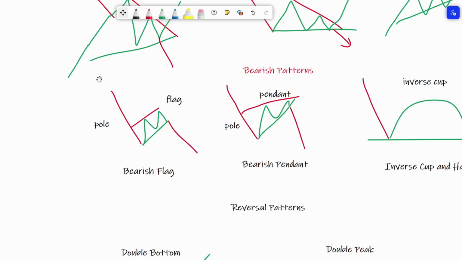So the bearish flag can be quite detrimental to a lot of new traders who aren't entirely sure of what's going on, especially with these patterns, because they're going to see this decrease in the price, and now the price is going back up again, and they think that this may be the dip, always buy the dip, right? So they'll buy into this bearish flag, but then what happens is that the price dumps on them. So be careful with the bearish flag. If you see that the price is going up, but it's not a strong movement up or it's not a reversal, then it's possibly a bearish flag if it looks like this, and you will get dumped on.